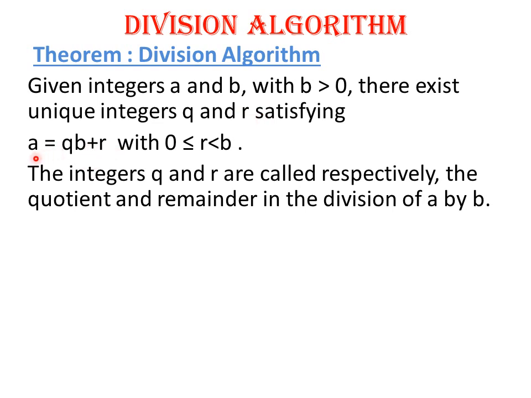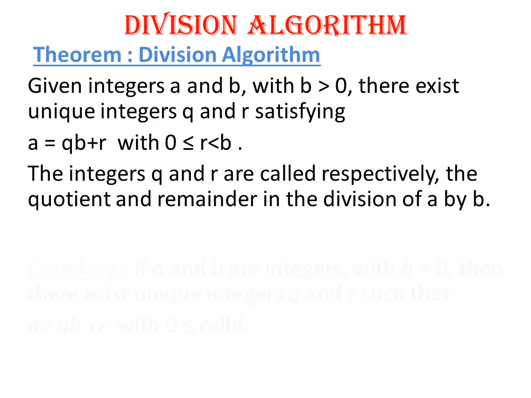That is, a equals quotient into divisor plus remainder, with the restriction on the remainder that its value can be 0 or greater than 0 but strictly less than the divisor. So this is the theorem.